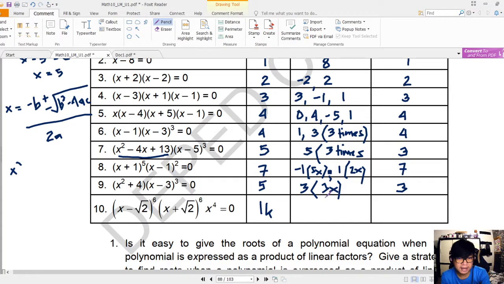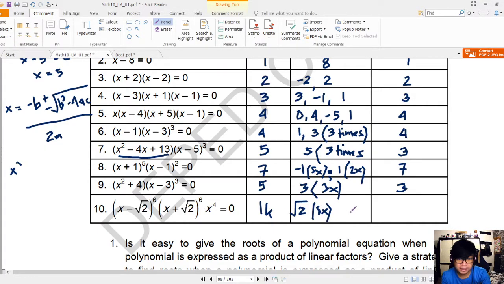Okay, identify natin yung roots, real roots. So, first one, ito. Pwede naman natin i-transpose yan siya. So, maging square root of 2. Remember, square root of 2 is different from negative square root of 2 is different from square root of negative 2. So, this one is a real root siya. So, square root of 2, pero 6 times siya nag-appear.